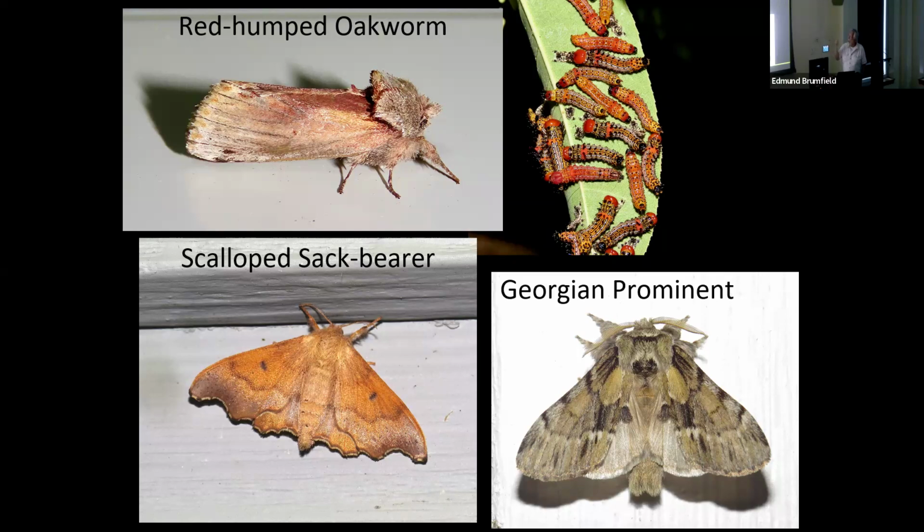So I really have my doubts that this is red-humped oakworm moth caterpillars because this was on the underside of a leaf on our sourwood tree. Obviously not an oak. But on the other hand, what we know about host plants is really limited.